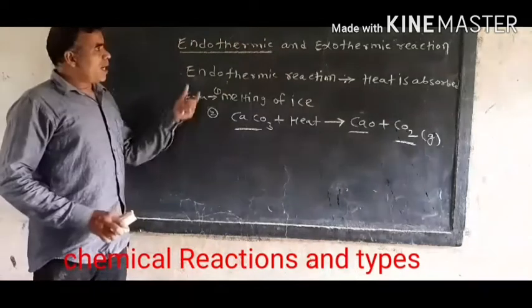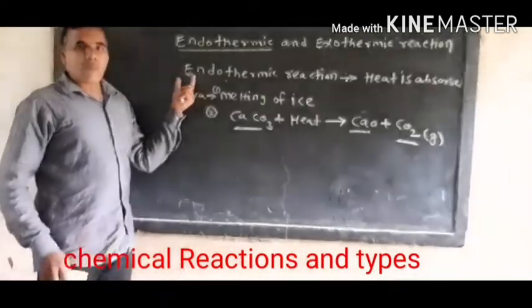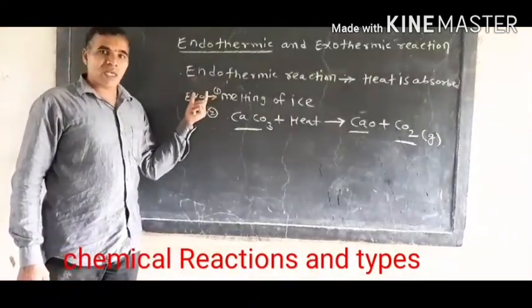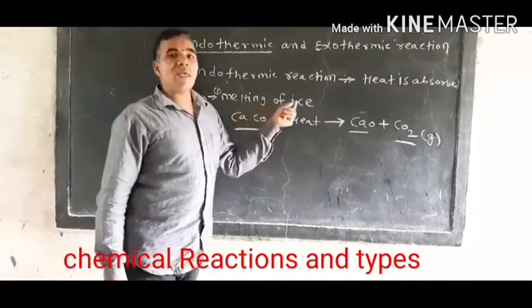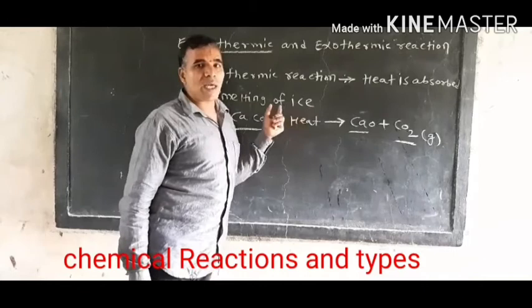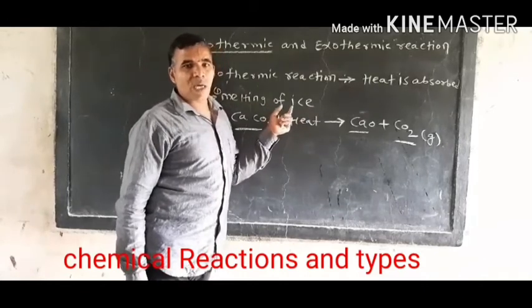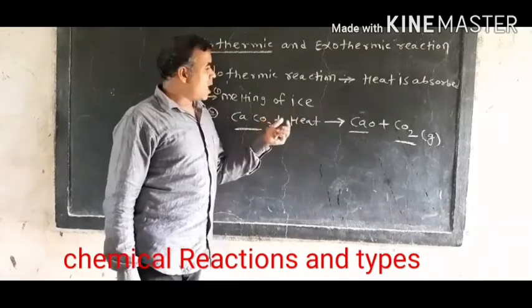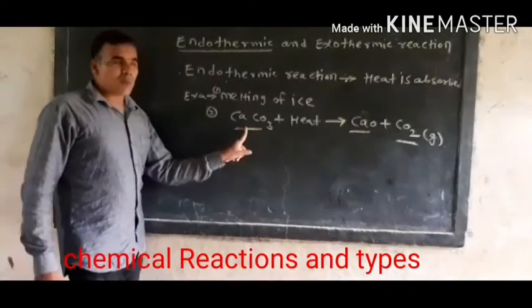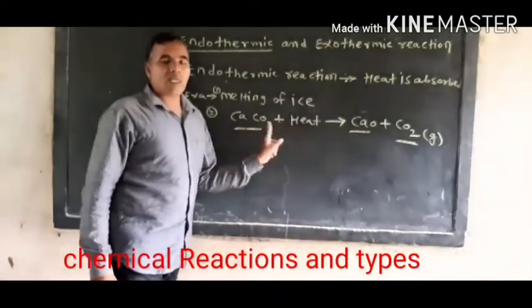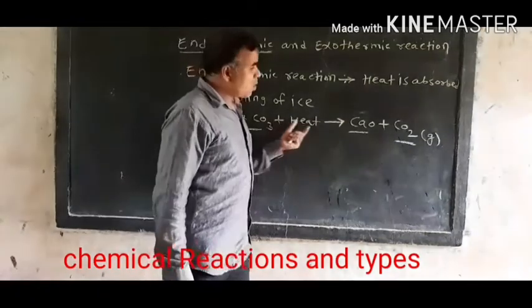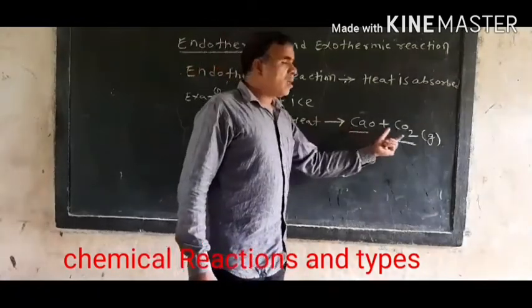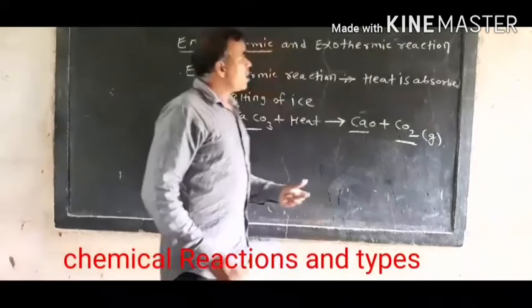So endothermic reaction is the chemical reaction in which it is a physical change. The process in which heat is absorbed is called as the endothermic reaction. Example, melting of ice. Another example, calcium carbonate heated. Calcium carbonate dissolved in water. The heat is absorbed to get calcium oxide and carbon dioxide gas.